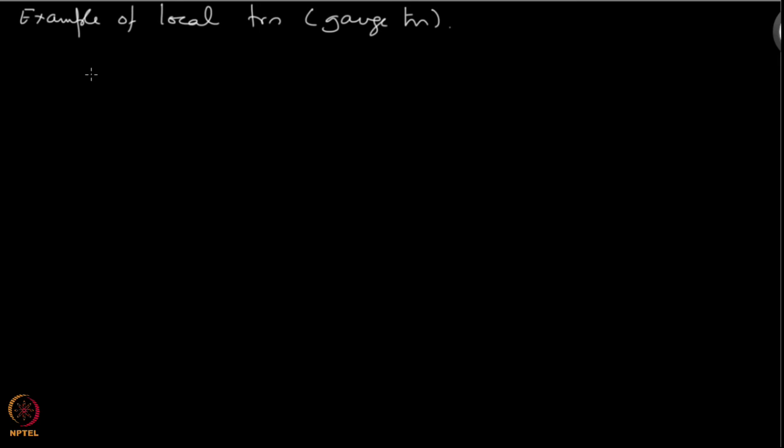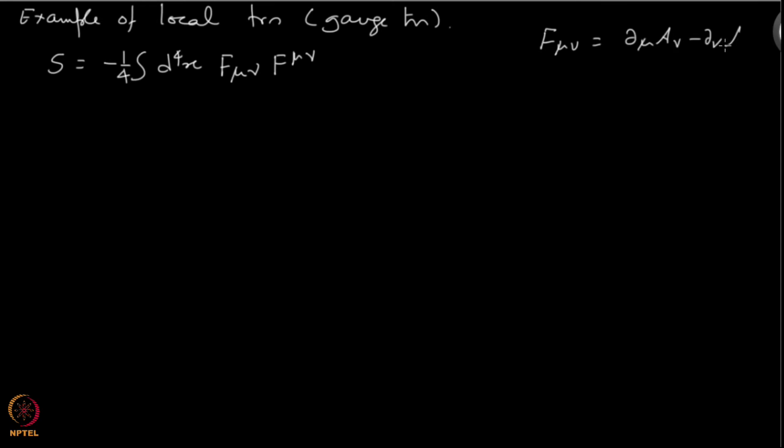I think I wrote at some point this action. You don't need to know really what it is, but just for completeness, this is the action for free Maxwell fields, where F_{mu nu} is del_mu A_nu minus del_nu A_mu. So don't worry if you are not familiar with this already.